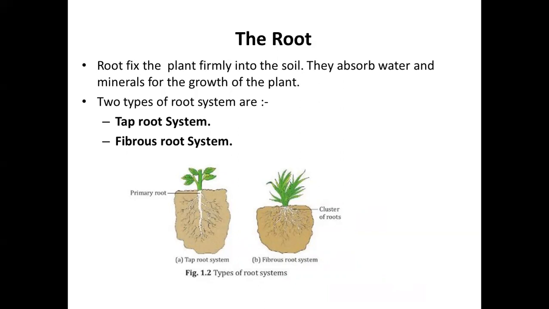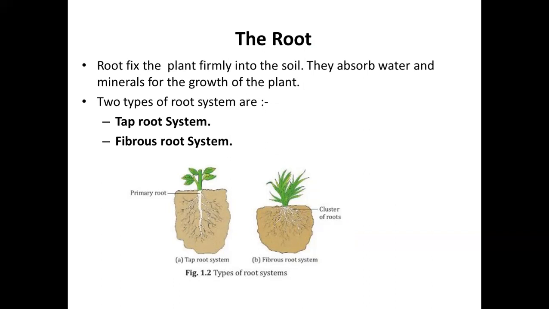In a taproot system, one single primary root is there. Look at the figure, it elongates and further branches out into fine branches. This type of root system we can see in pea, balsam, and petunia plants. Next is the fibrous root system.